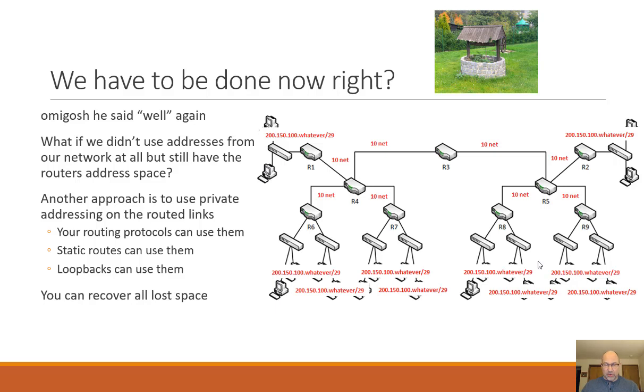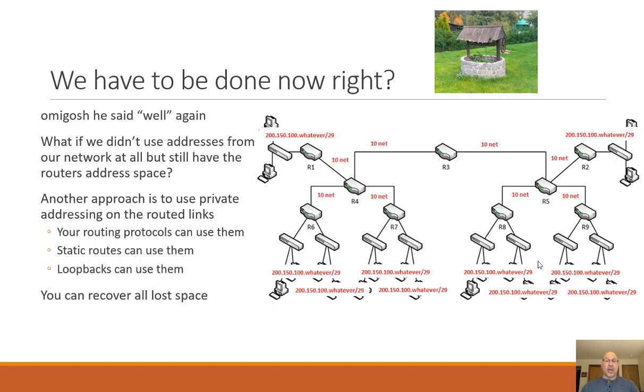So let's think about this for a sec. If we assume that all of our hosts have public-facing IP addresses, there's no reason to have our routers doing that. Remember, routing is just numbers. You can use any network numbers that you want on your point-to-point links as long as the routing works.